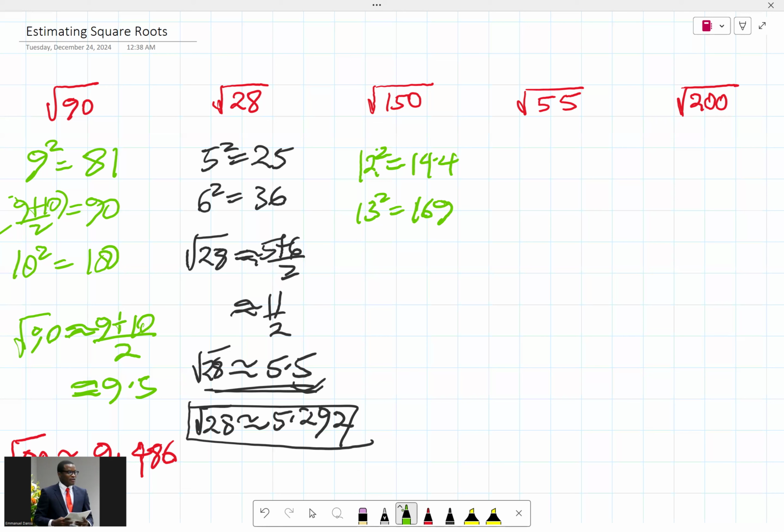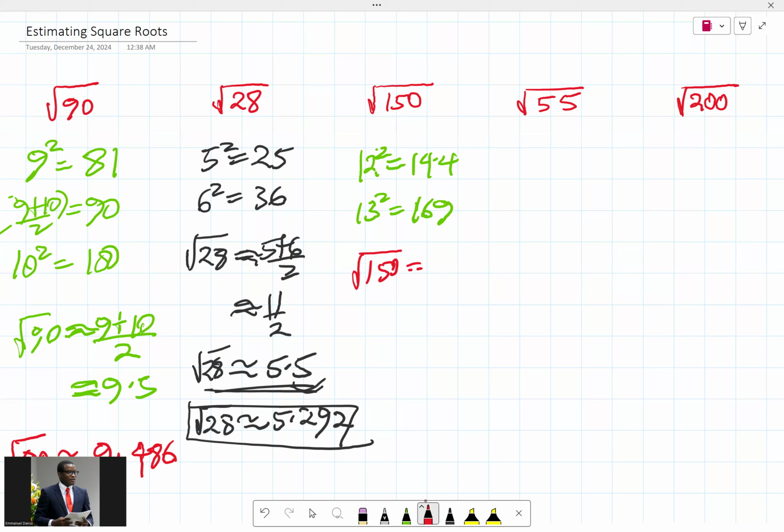So you can borrow wisdom from the square root of 28 to make a better decision in this case. Normally, if we're doing the actual averaging, that'll be 12 plus 13 divided by 2, which is 25 divided by 2, that is 12.5.